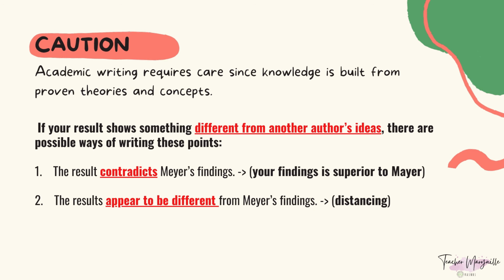However, sentence 1 expresses an explicit difference between your findings and Mayer's. This may be interpreted by the readers as an attempt to highlight your findings as superior compared to Mayer.